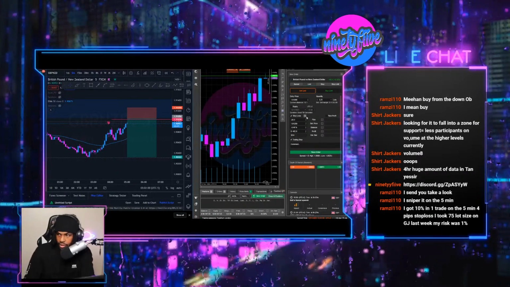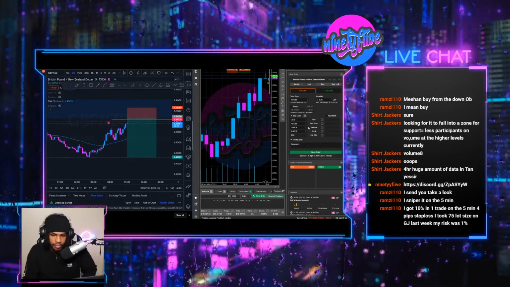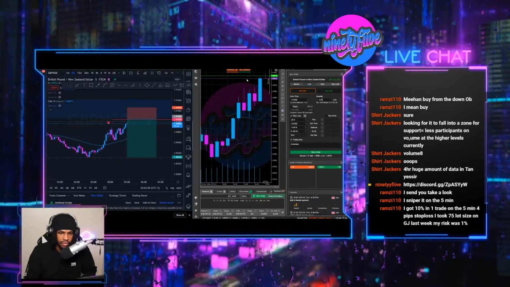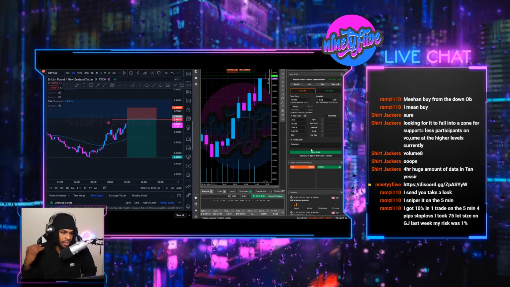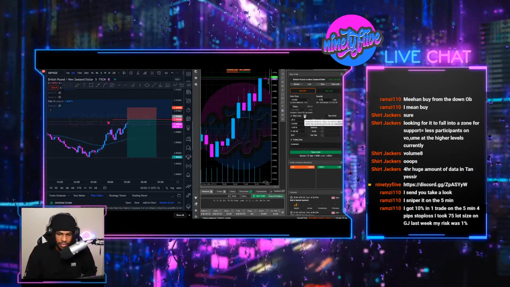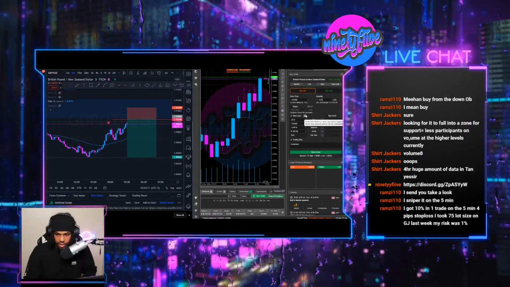Another cool feature with cTrader: instead of having the ask line take you out, you can have it where the bid line would take you out. That way, price for sure stopped you out instead of just spread. If you want to do that, you hit this, it's called trade side. This is the default option.